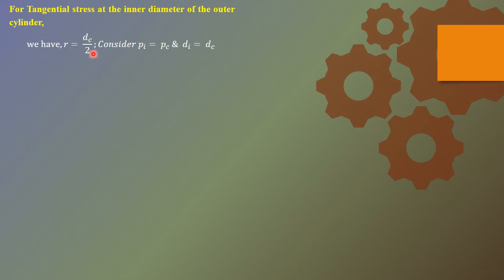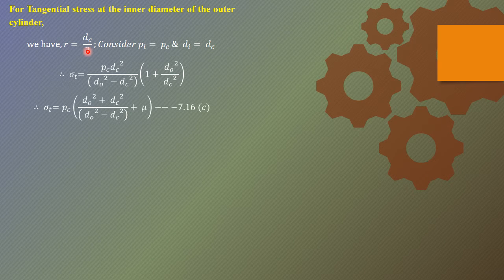So the only change here is the radius R. Earlier it was d naught by 2. Here, since we are considering the inner diameter, which is the contact diameter, it is Dc divided by 2. Into the same internal pressure equation which we derived, we do the substitution, right? This is the final expression you will get for the tangential stress, and there will be an additional term, the Poisson's ratio, added to this particular equation.